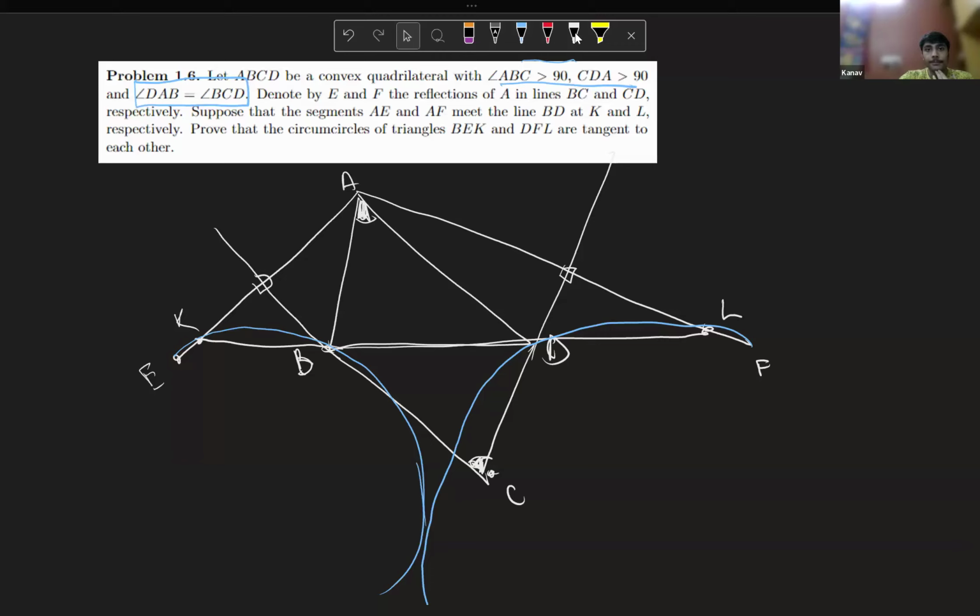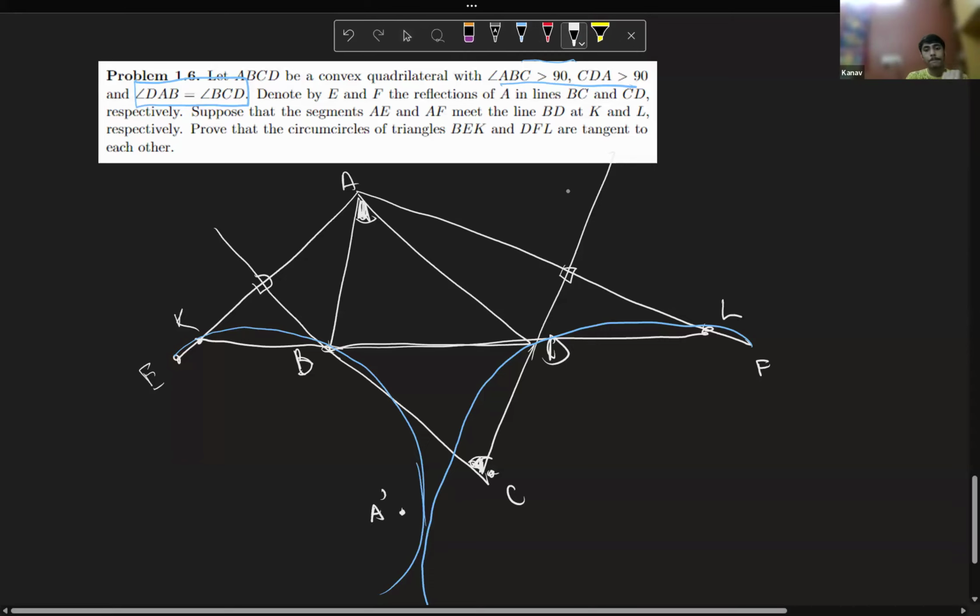That is a great idea. Because we knew the circumcircles of ABD and BCD are reflections, let's start by reflecting A over BD. Some point right here, let's call it A prime.